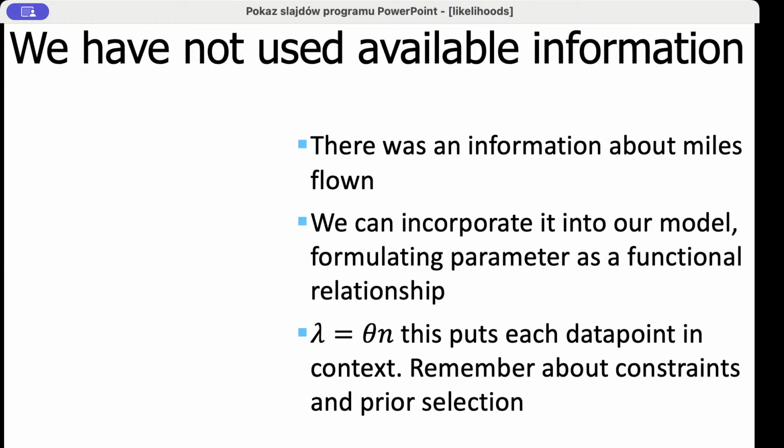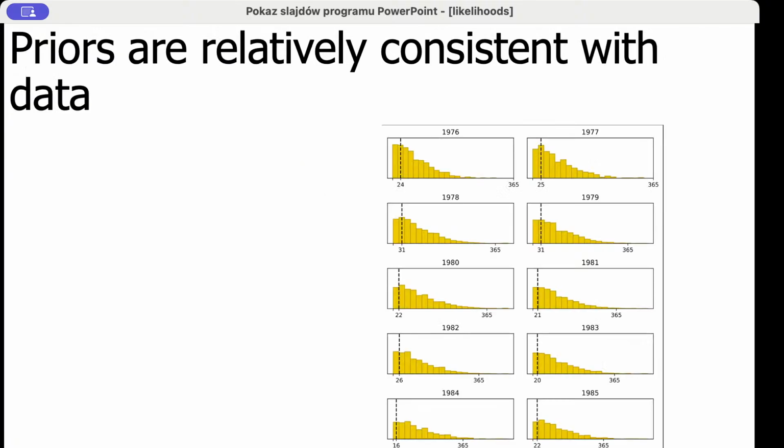However, this requires us to consider constraints and appropriate prior selection. So we need to simulate those values again to improve our results. Changing the priors, we don't have a problem with the number of accidents, because it's still consistent with our prior. This prior was selected in a very basic way, just showing how many accidents are possible every year.